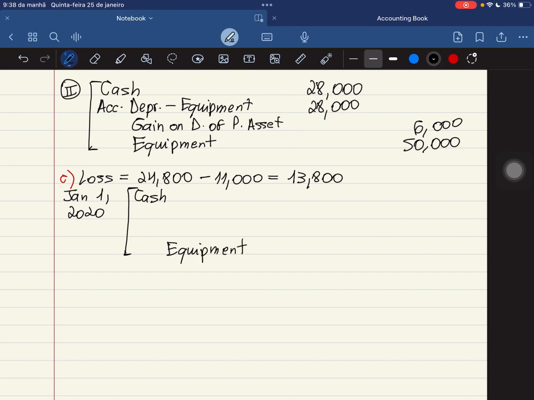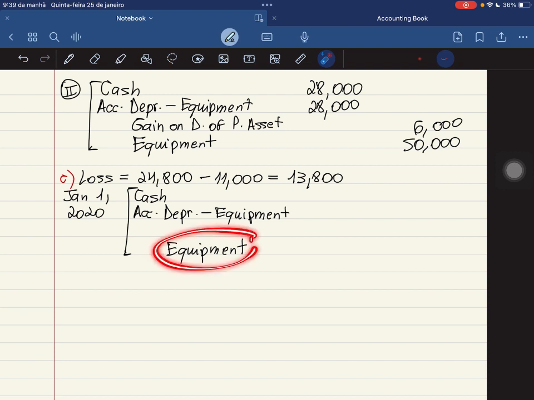Now, accumulated depreciation equipment has to have the same position as before, for the exact same reasons, because even though I'm not going to get extra money, I don't have a gain when selling this asset, I'm still going to sell it, right? So this previous T account that I had prepared to record all of my depreciations has to disappear, because I'm going to get rid of this equipment. So this is why the position is still the same.